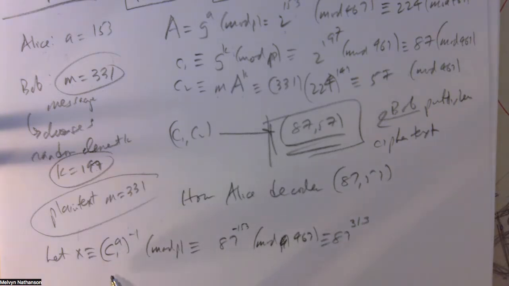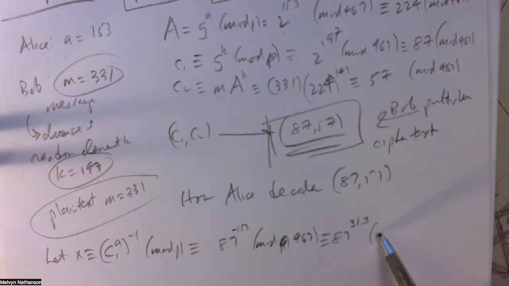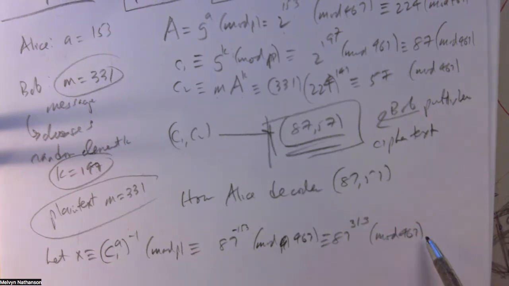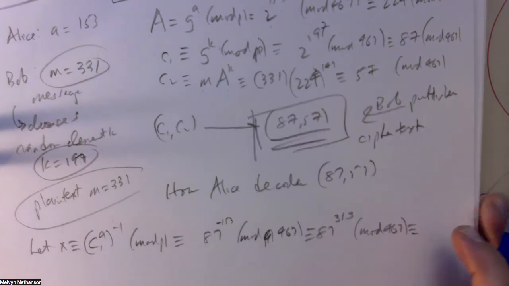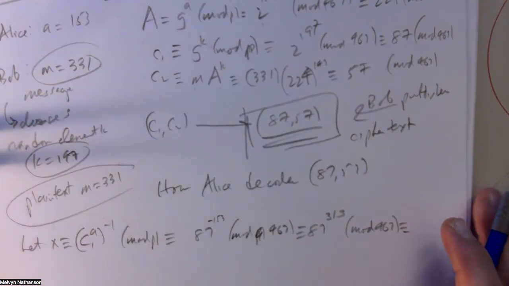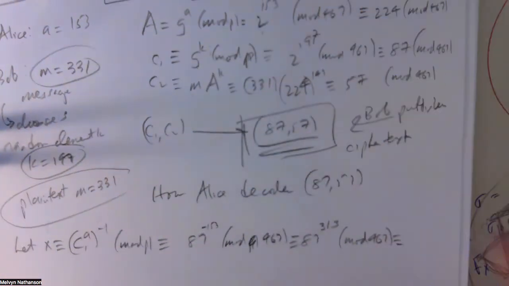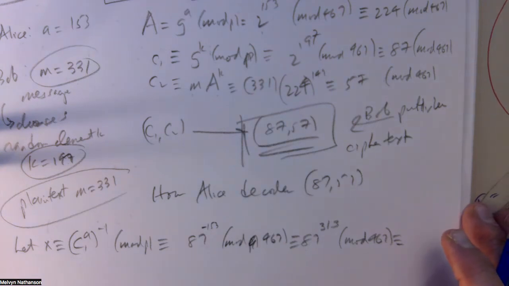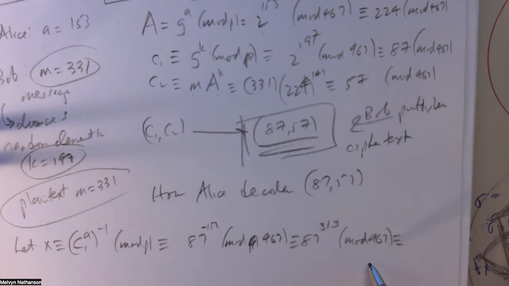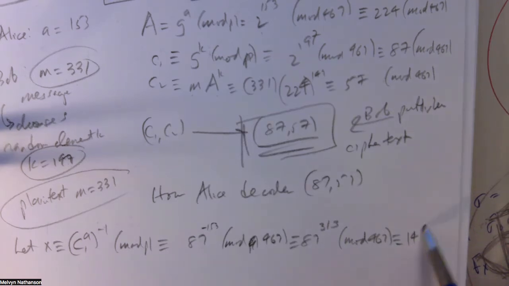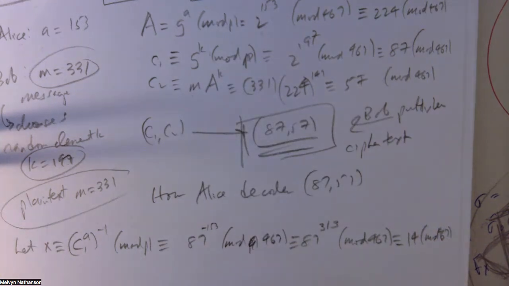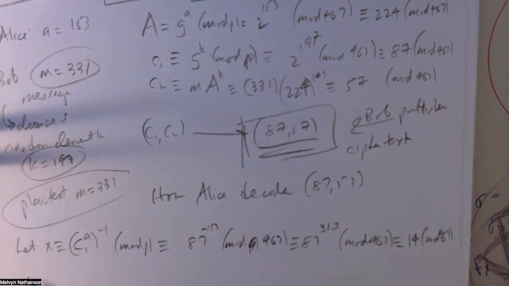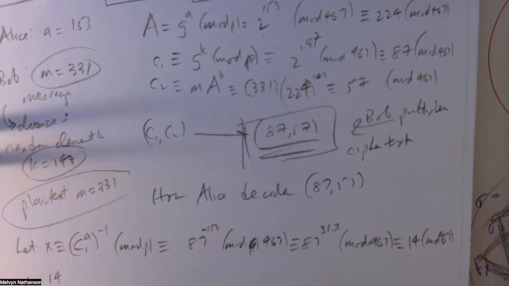So X is 87 raised to the 313th power mod 467. Again, by hand, this is a hard problem. On a computer, it's trivial because these are really small numbers. I mean, big numbers have thousands and thousands of digits. These are 3-digit numbers. So when you calculate this, it turns out this is congruent to 14 mod 467. So X is equal to 14 for Alice.